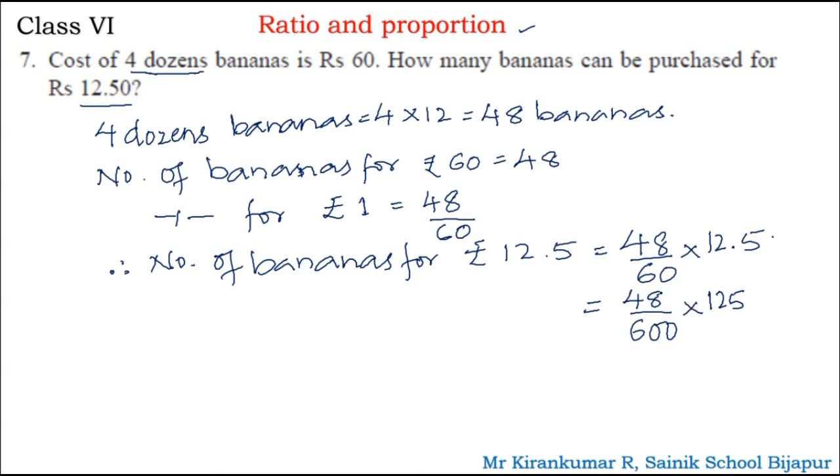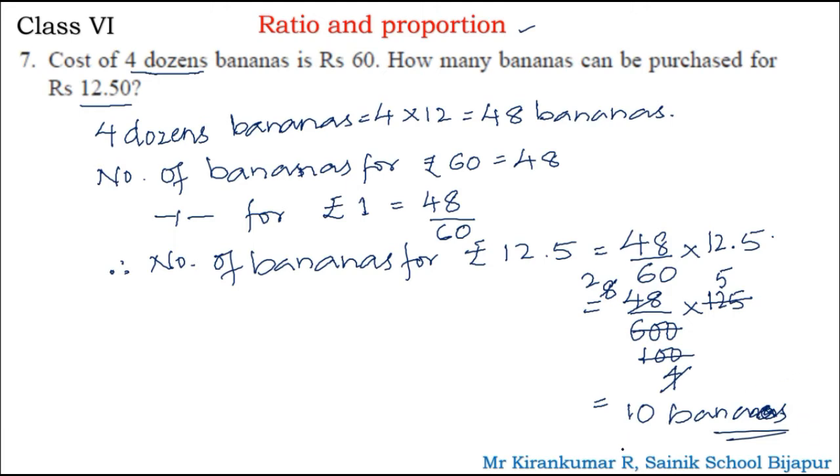We all know that 8 times is 48, 600 times, 25 5 times, 25 4 times, 4 ones are 4, 2 times. So we get it as 2 times 5, which is 10. So 10 bananas can be purchased in rupees 12.5.